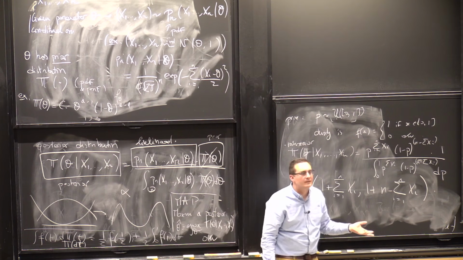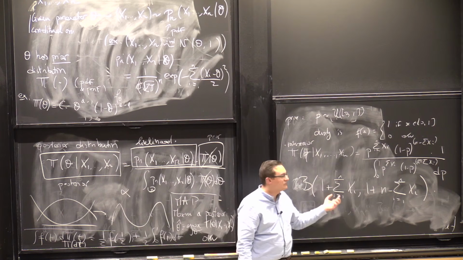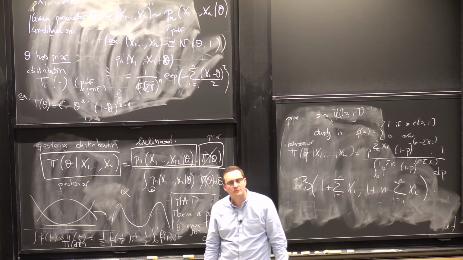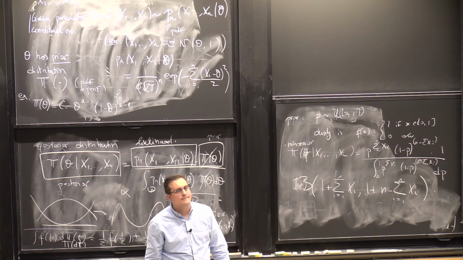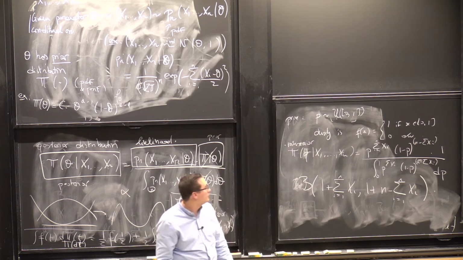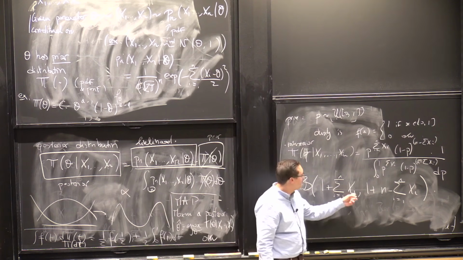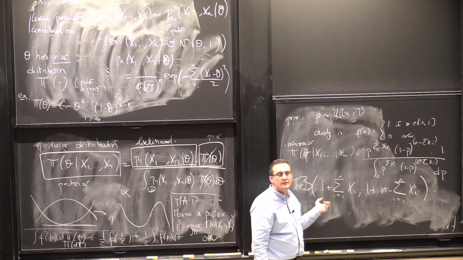Do you think if I take the expectation of this thing, I'm going to get the average? Actually, I'm not going to get the average. I'm going to get this guy plus 1 divided by n plus 2.